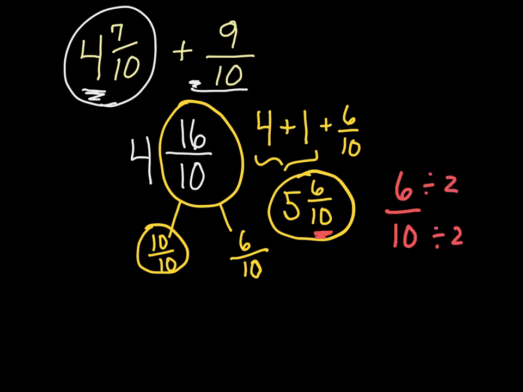So we're going to divide the top and the bottom by 2 to get 3/5. So 6/10 and 3/5 are equivalent fractions. Now we're just going to add our whole, which is 5, and put our reduced fraction with it. So it's 5 3/5. 5 6/10 is equivalent to 5 3/5.